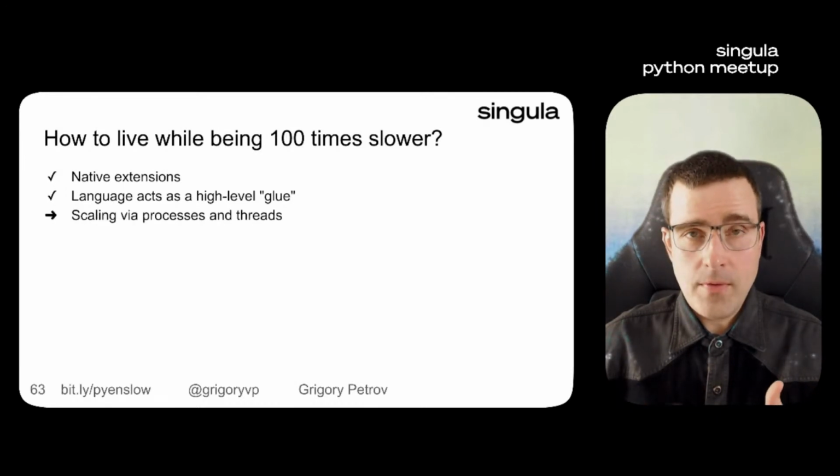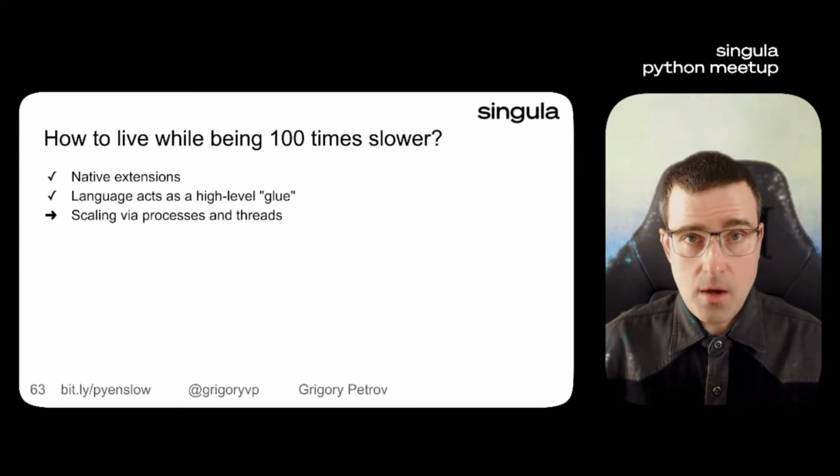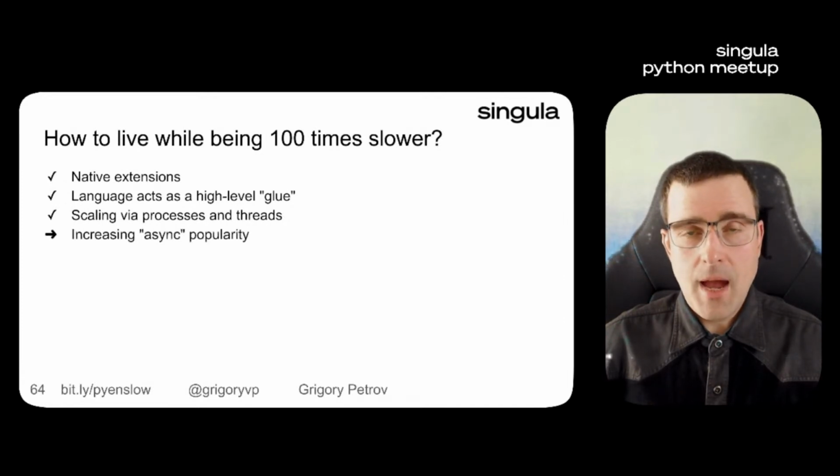And with modern Python, with native extensions, it scales pretty well with processes and threads within a few servers. We can achieve hundreds of thousands of requests per second. Servers are cheap and developers are expensive nowadays.